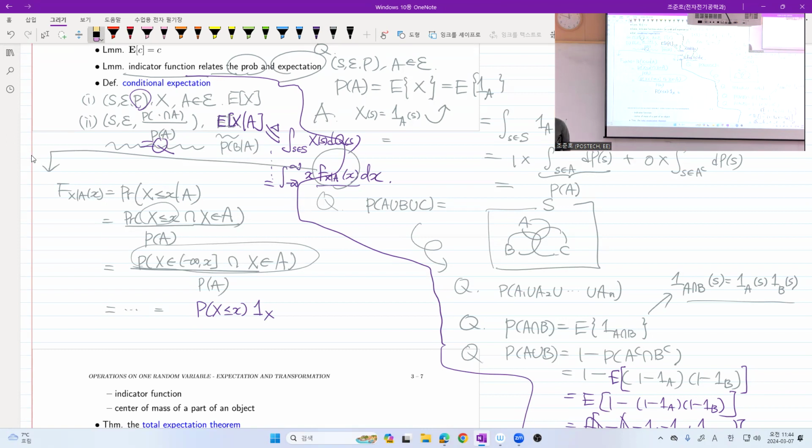X in A, X in A. Yeah, something like this. Got it? So you have the CDF of X, indicator function of X. Okay, I hope I'm right. And then your density equals, I hope I'm right. Yeah, something like this.